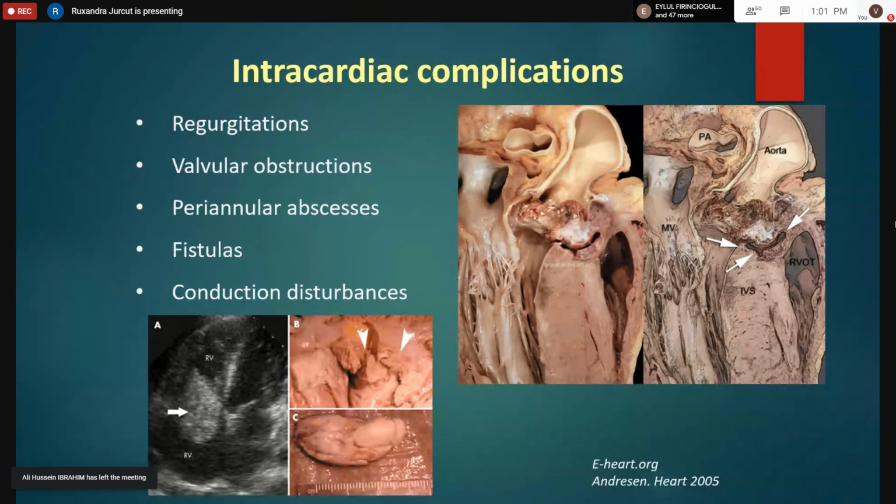We were talking about the fact that these vegetations can give severe complications like perforation, for example. I was talking to you about abscesses. Here you see an example of an abscess in the interventricular septum.